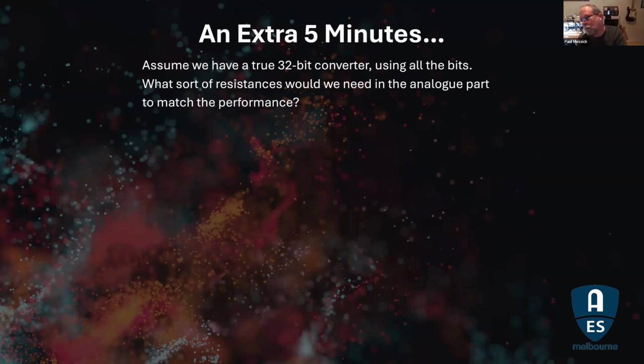But let's do some more math. Let's assume the marketing department turned out to be correct, and it really is 32 bits, and it uses all the bits. What sort of resistances would we have to use to match the performance of that ADC or DAC? So the signal to noise for 32 bits is 192 dB.